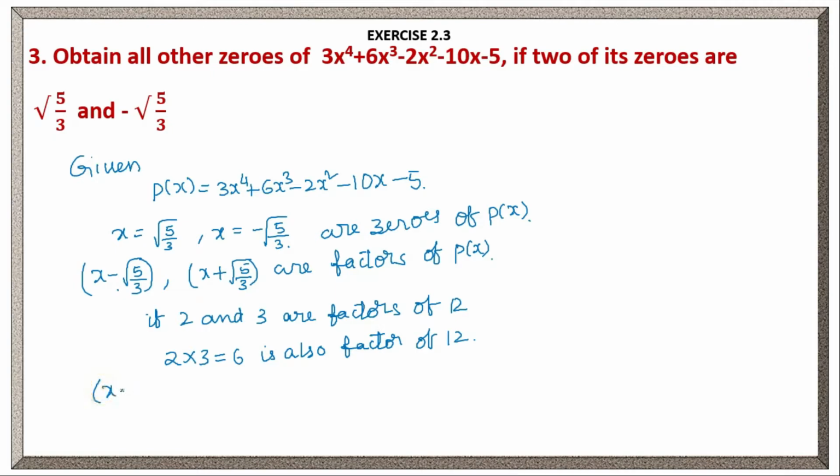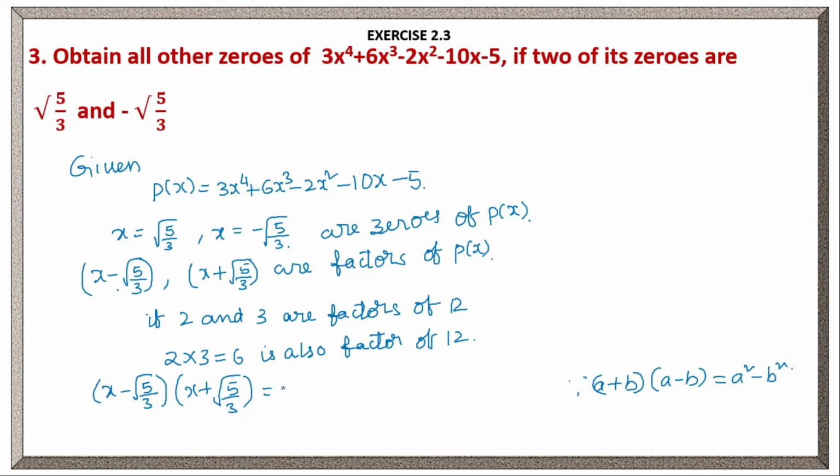So x minus root 5 by 3 into x plus root 5 by 3 will give, this is in the form of a plus b into a minus b, which we can write as a square minus b square.